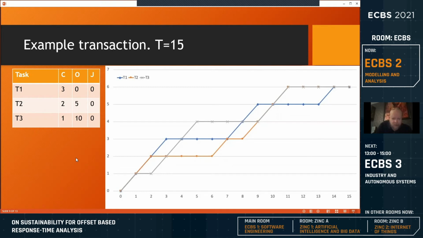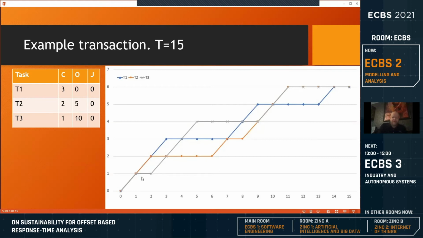You can see here that the blue line corresponds to task 1 coinciding with the critical instant, executing for 3 units, going 4 units until task 2 comes in.